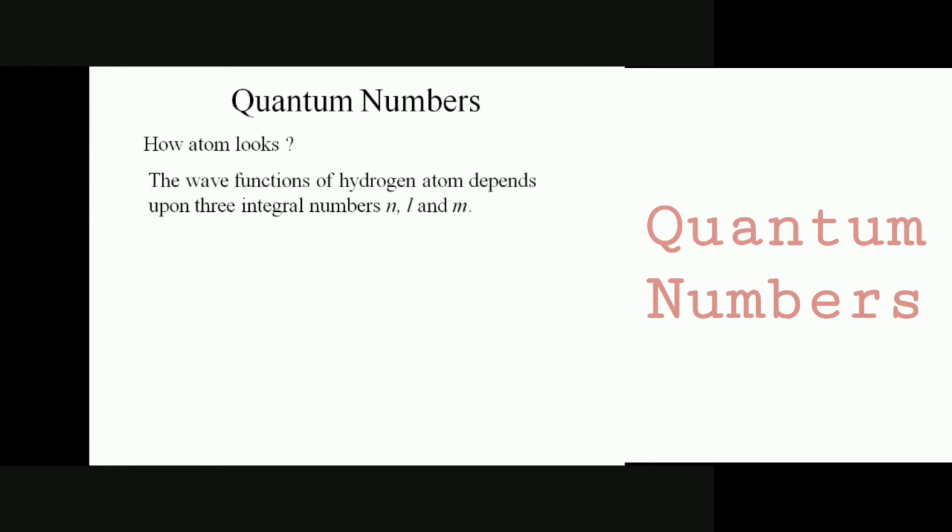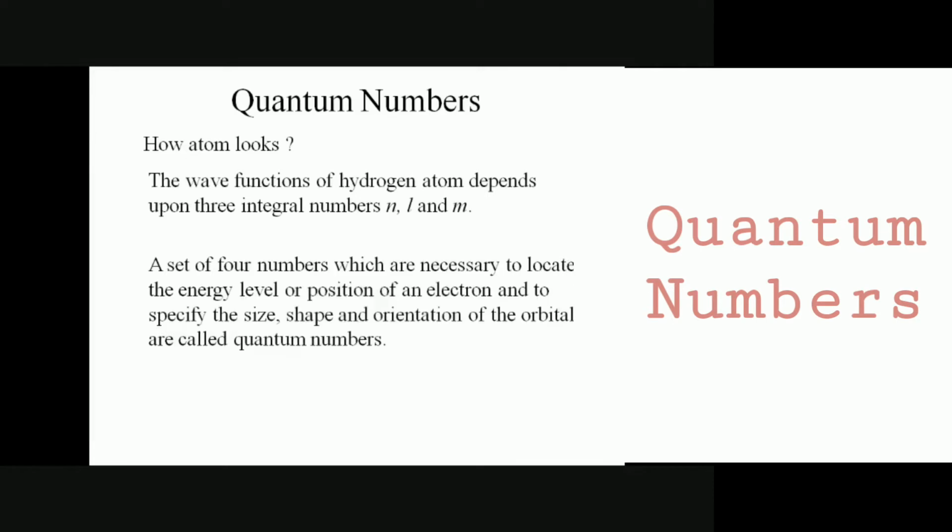Similarly, if we go to the angular wave equation, we have two important parameters, l and m. l is the azimuthal, or angular momentum, quantum number, and m is the magnetic one, describing how the electron behaves when some field is applied to it.